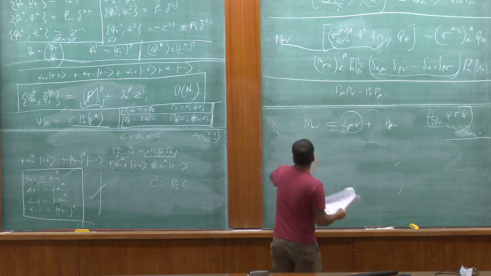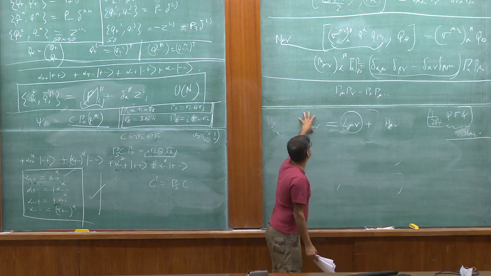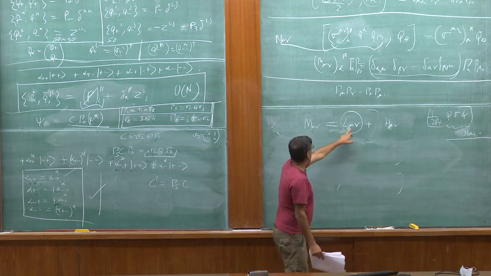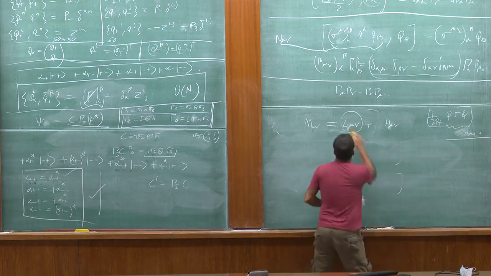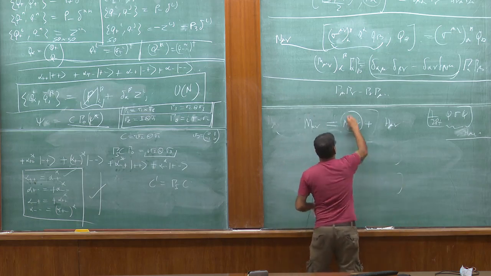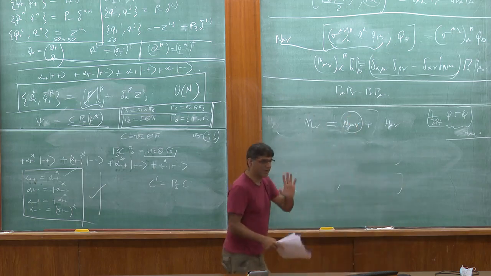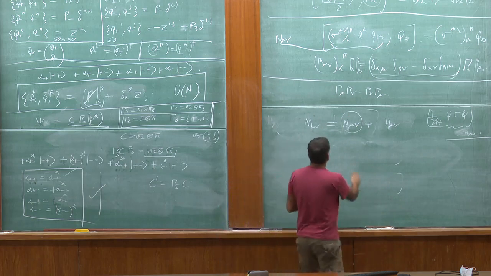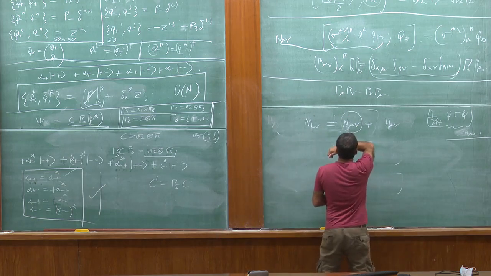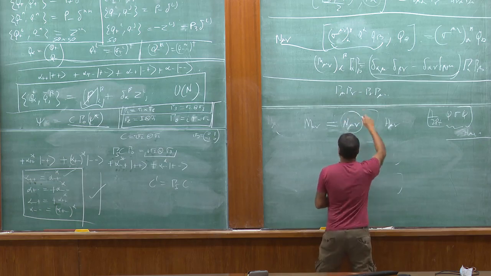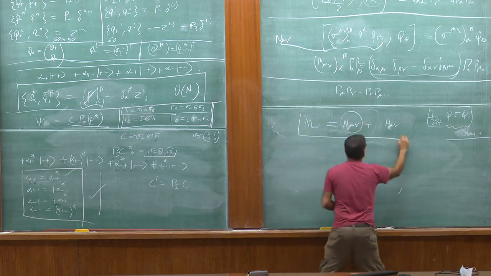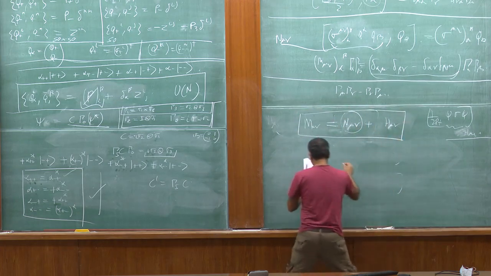M is the full SO(D-2). There was an N. We'll call it N. Okay, sorry. Yeah. Okay. Suppose we make this redefinition and postulate the following.